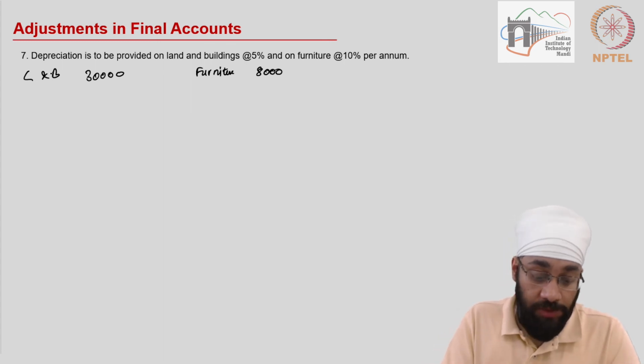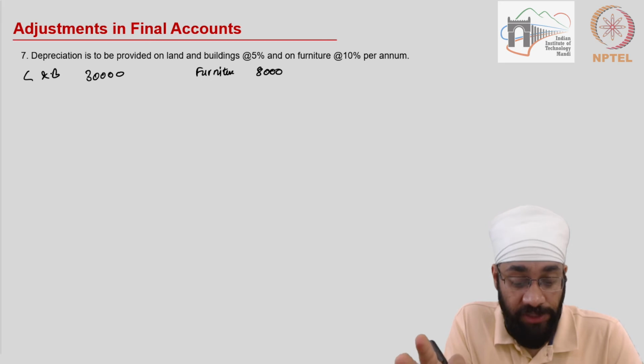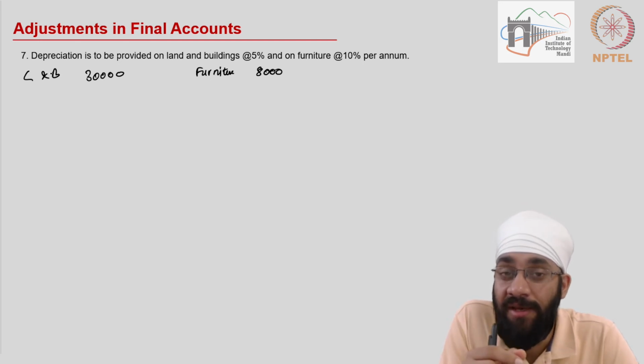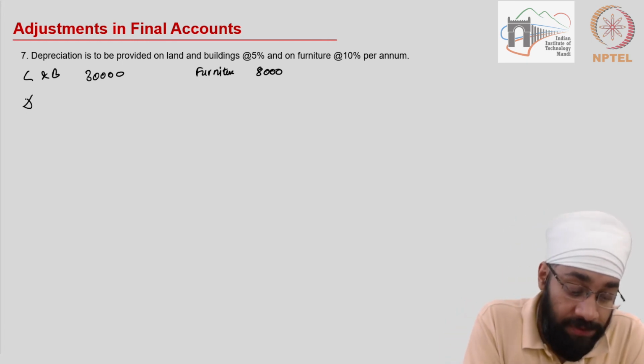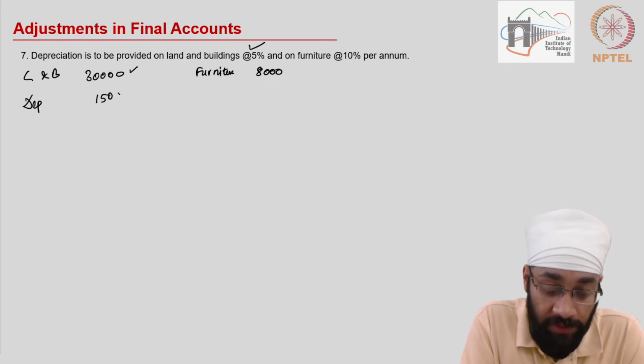So the adjustment to be made, which we forgot to do earlier, according to the matching concept, is that you have to show all expenses of this year in this year. Depreciation is one of the recognized expenses which you have to show as an expense in the profit and loss account. So the depreciation amount at the rate of 5% for land and building is going to be 1500.